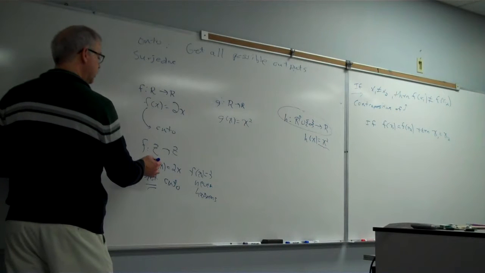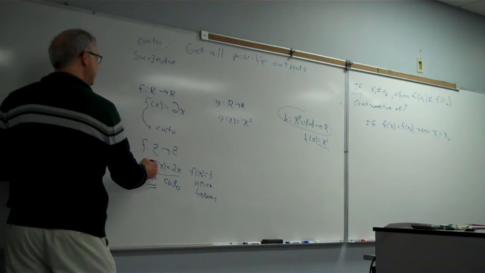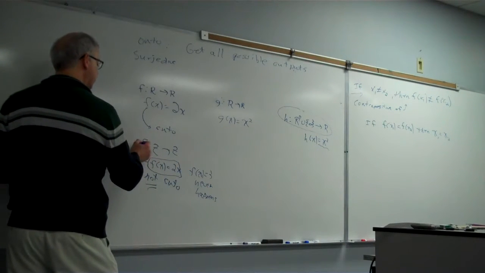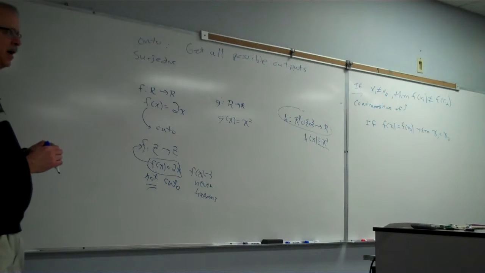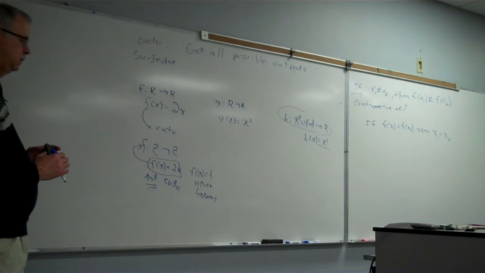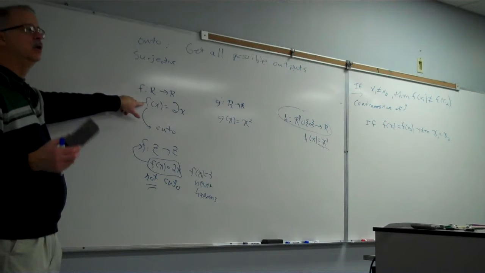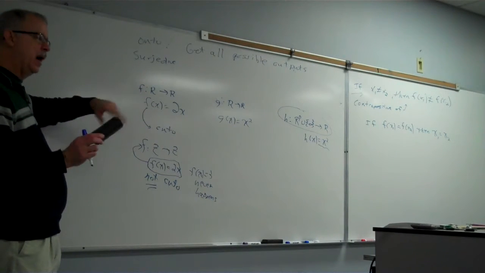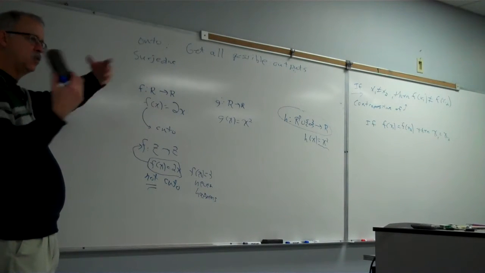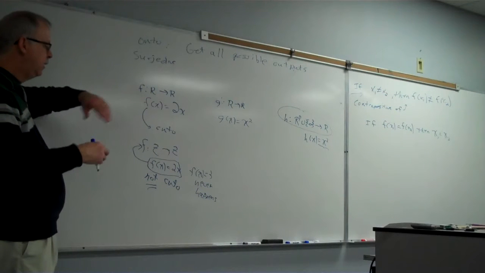So again, even with specific examples, it is not just the rule that we're looking at, it's what sets we are being allowed to work with here. I think in calculus we focus more on the rule, that's our function. And we don't worry too much about what inputs can I use, what outputs could I get.